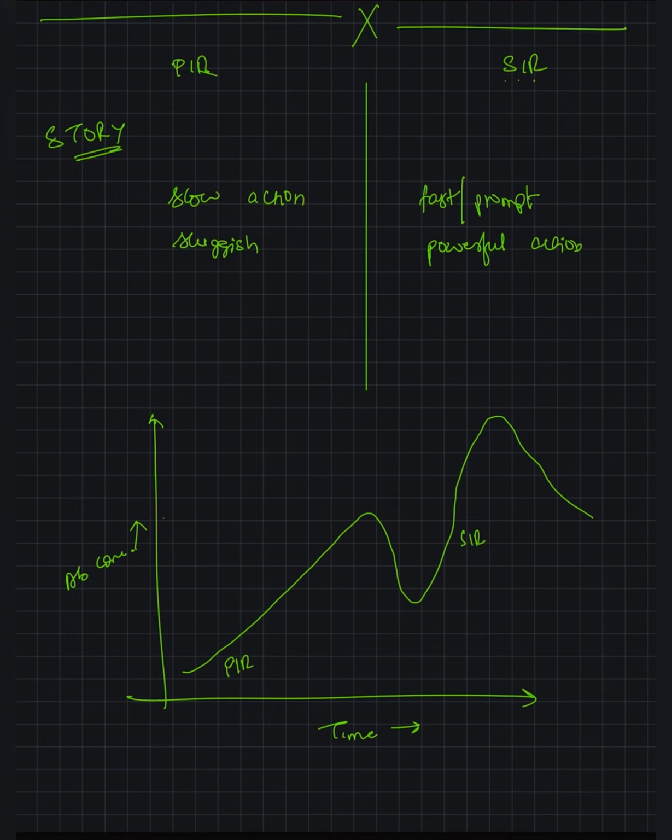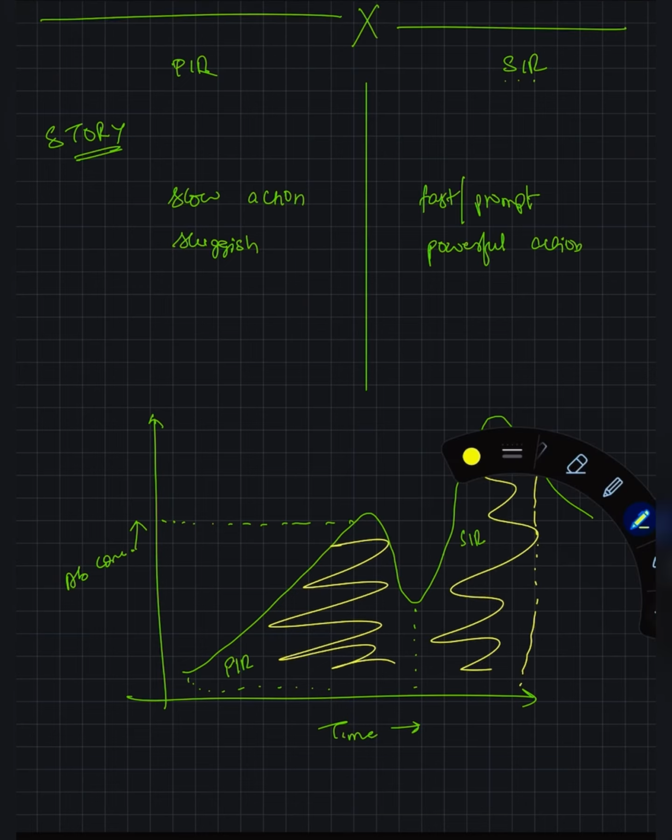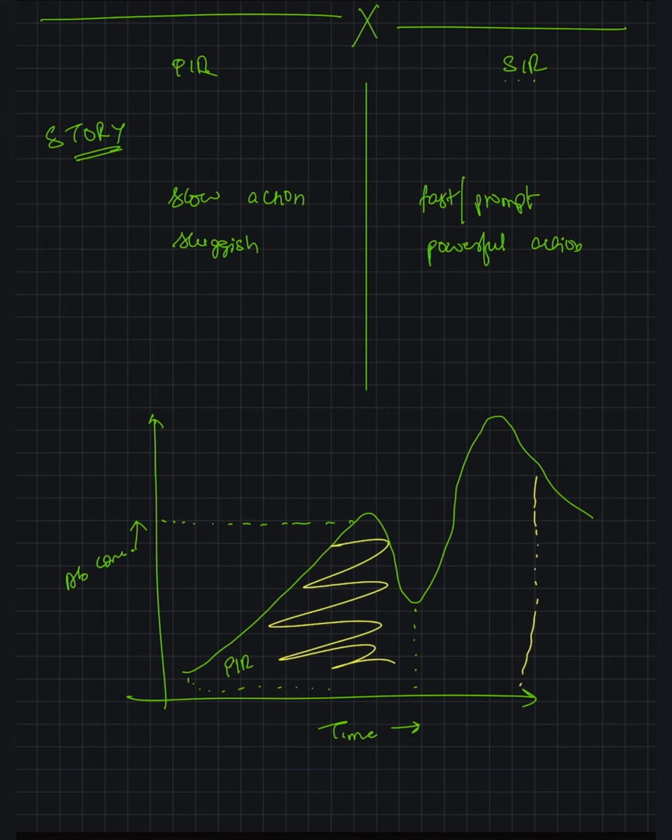We can see here the antibody concentration is very less, but the time taken is so much. In this much time taken, the antibody concentration is less. Meanwhile, in case of secondary immune response, the time taken is very less, and the concentration of antibody is also very high.